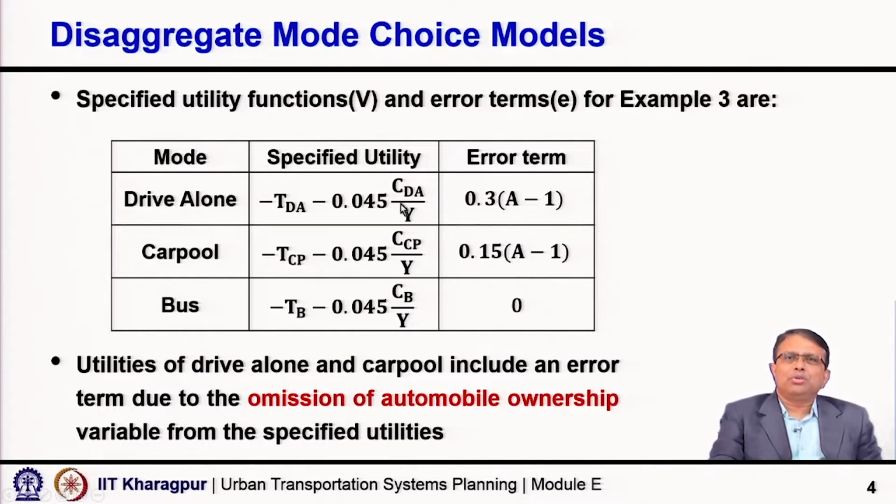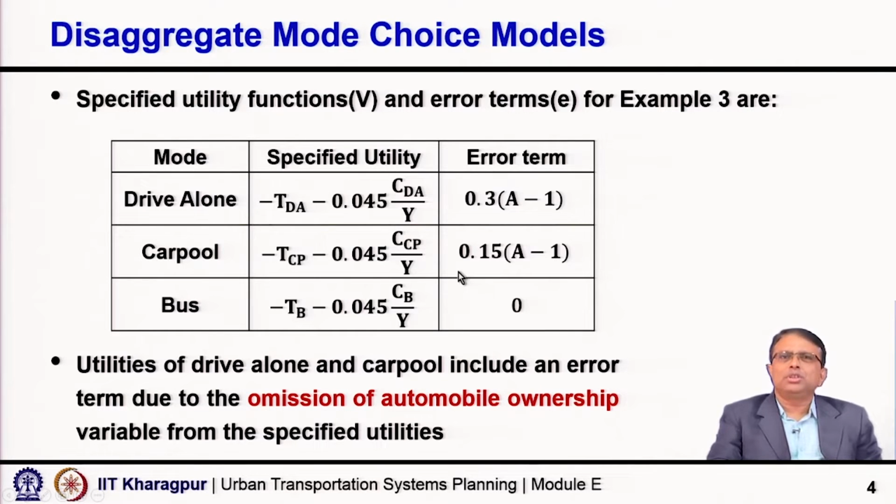Because these error term components were not considered by the modeler, the actual true utility, or whatever was the choice of mode, and what was predicted by the modeler using the specified utility equation, the outcomes did not match correctly.